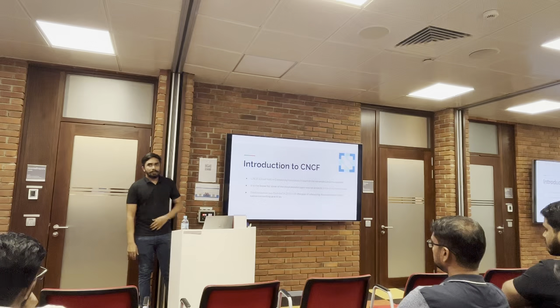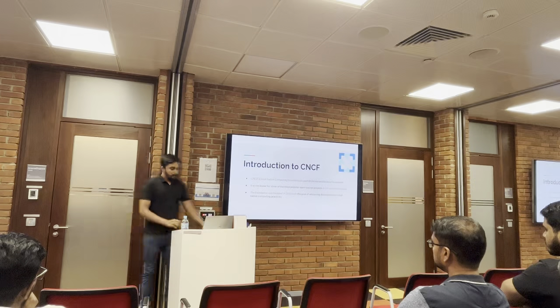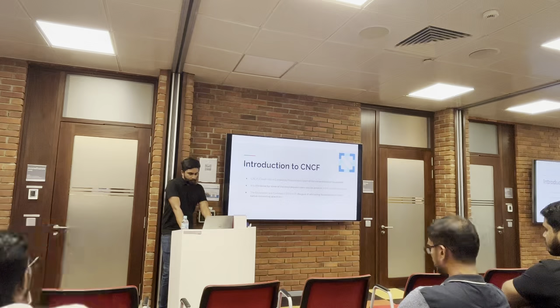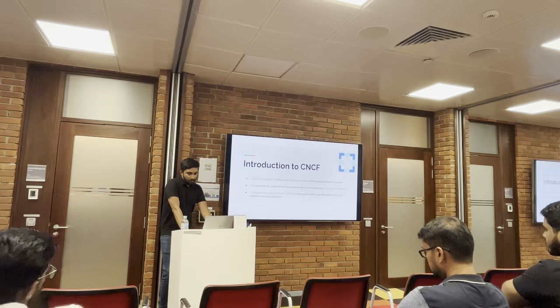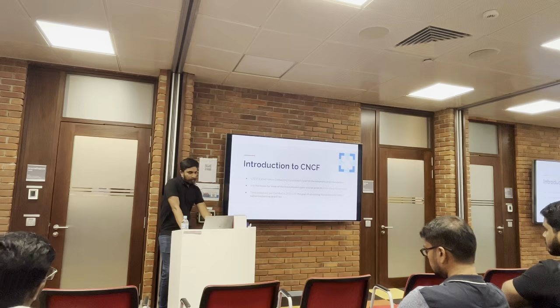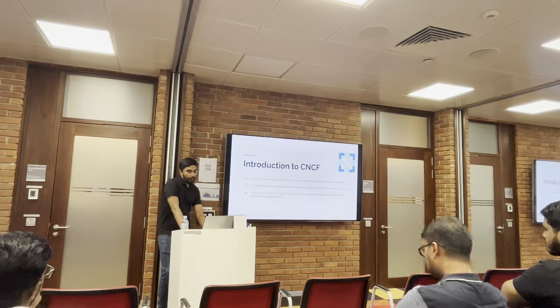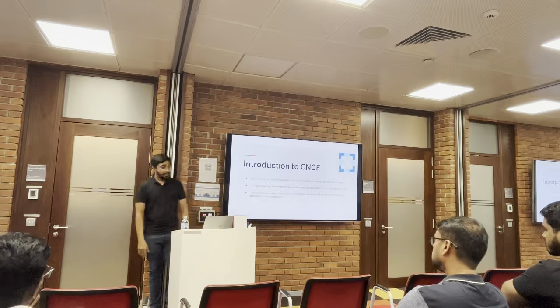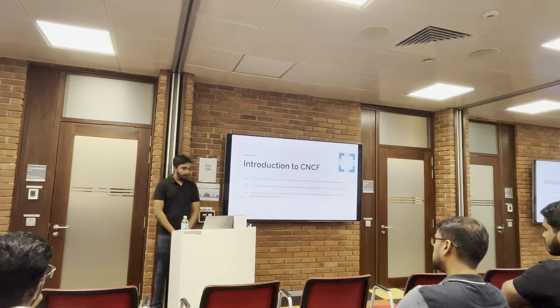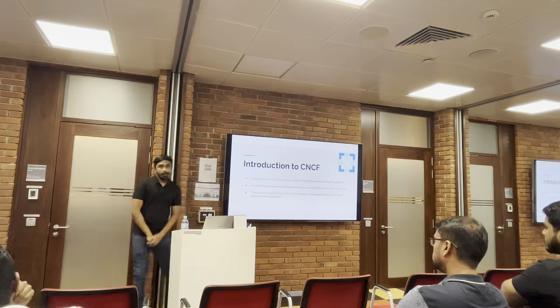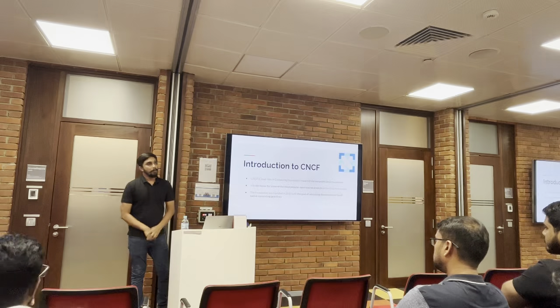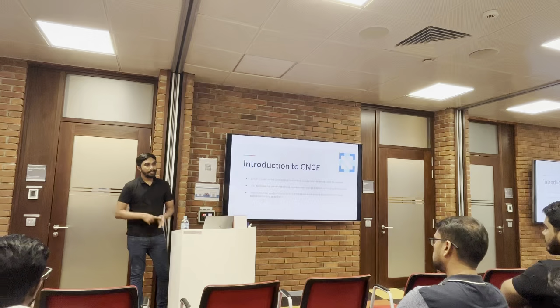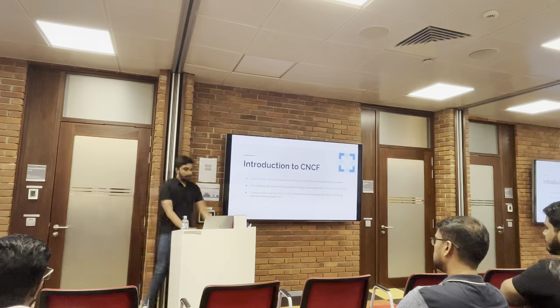They maintain a lot of other open source tools as well, but cloud native is part of that, and CNCF is actually a home for a lot of well-known open source tools like Kubernetes, Prometheus, and Helm chart. These projects, I think you have already worked with.